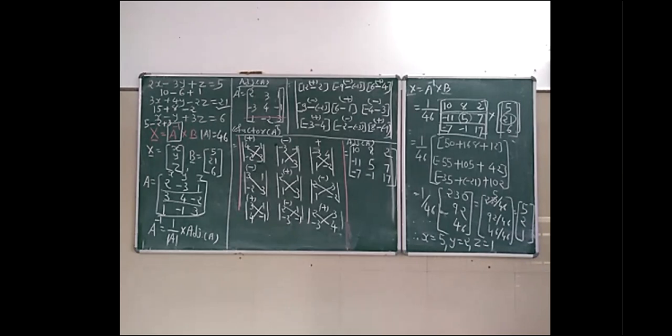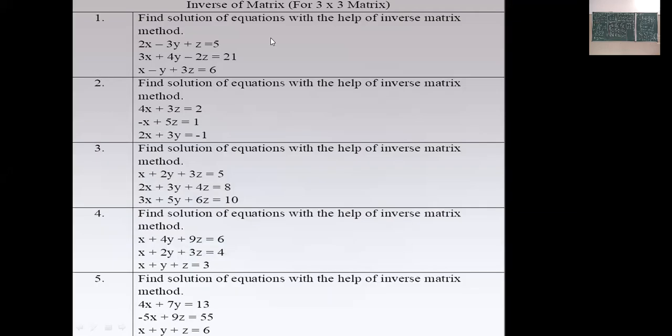Okay, I hope it is clear to you all. Now, moving on to the next question. In question number 2, we are given 3 equations, but in some equations x is missing, in some equation y is missing, and in some equation z is missing.